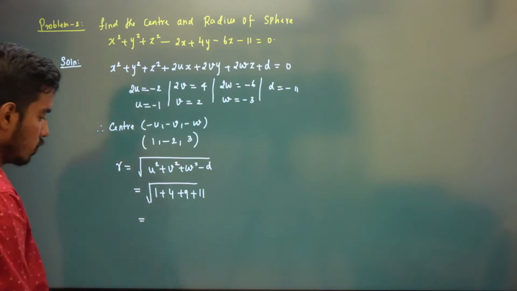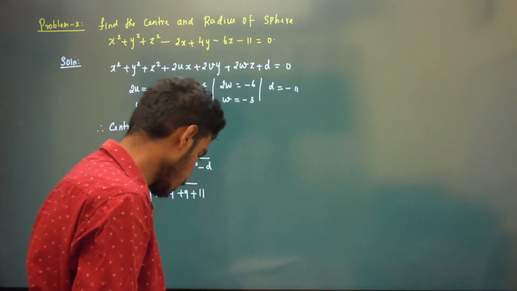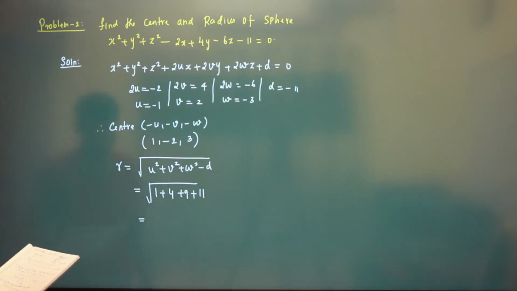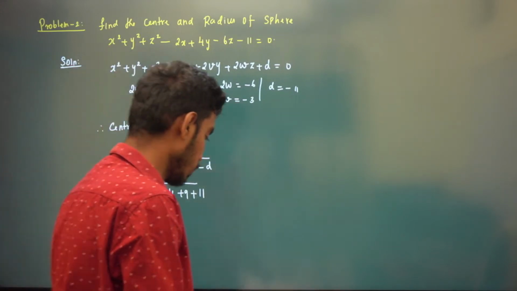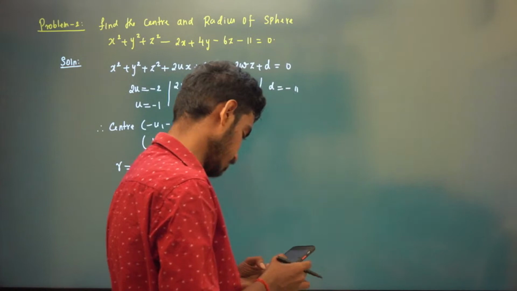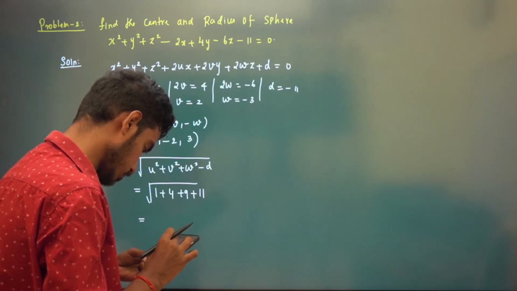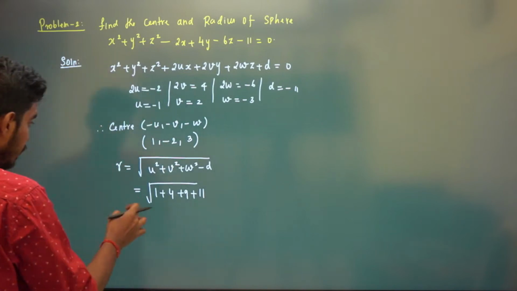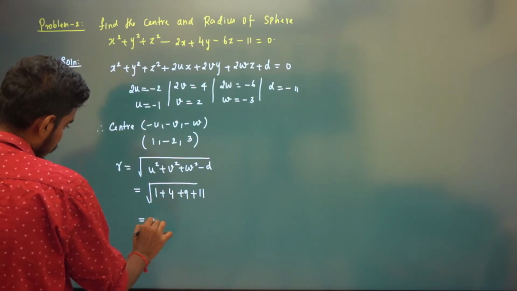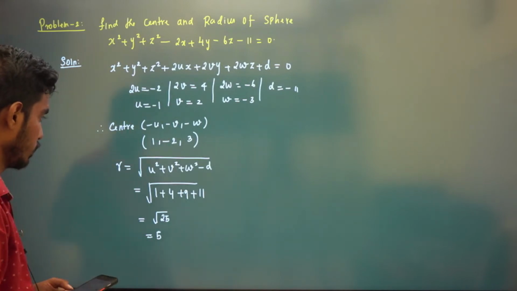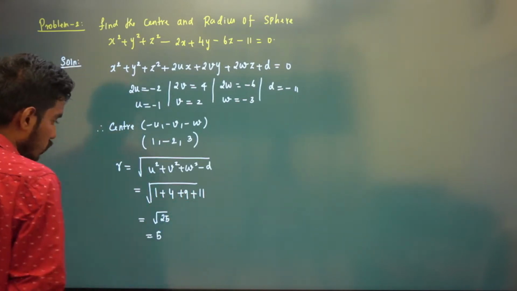So 1 plus 4 plus 9 is 14, 14 plus 11 is 25. Root 25, so 5 is the radius.